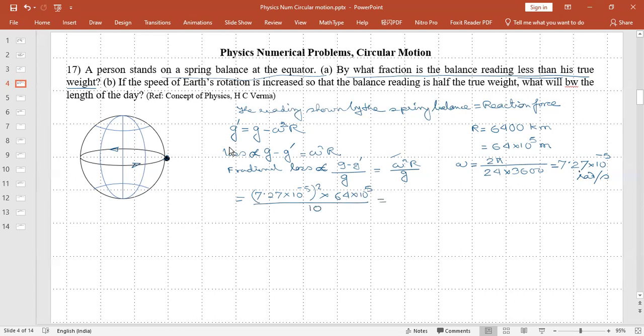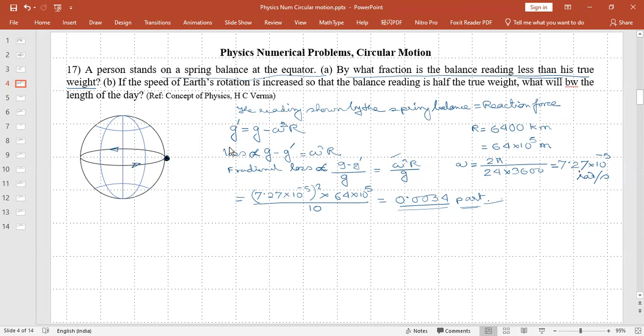If you calculate this, you will find it is 0.0034. One thing you should remember is that the fractional weight loss of any body on the earth due to its rotation is really negligible. That is why in our day-to-day life, we do not at all consider this weight loss.